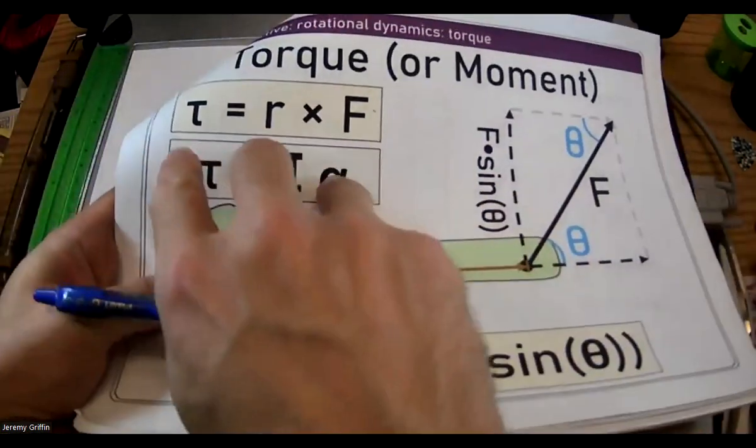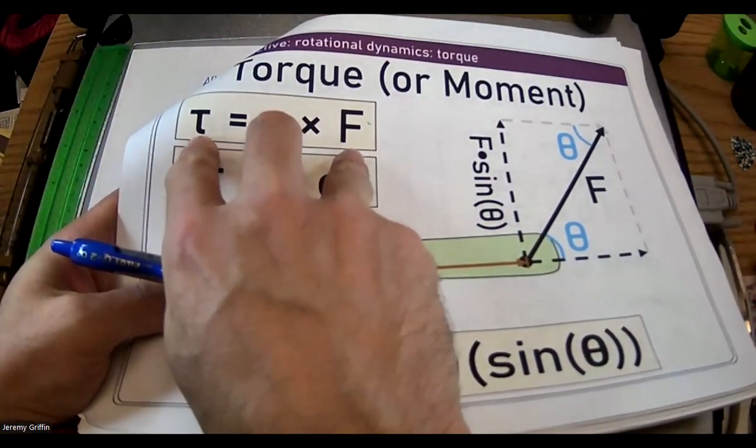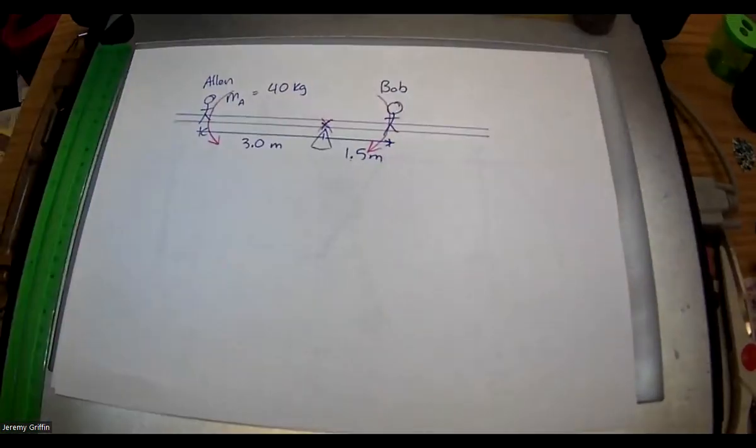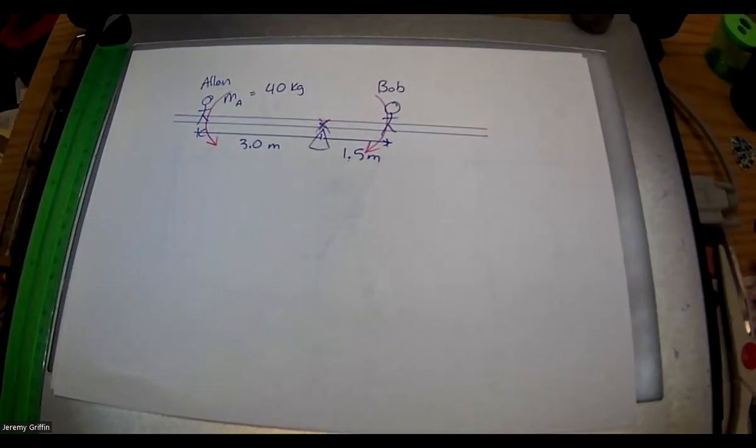You guys are doing some version of this. You've probably written down by now. What you got? Is it 80 kilograms? Yeah, Ryan got 80 kilograms. Okay.